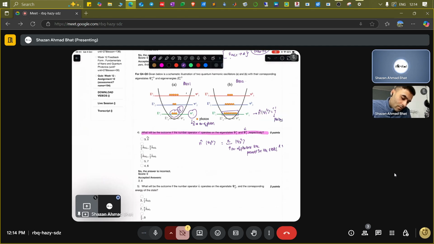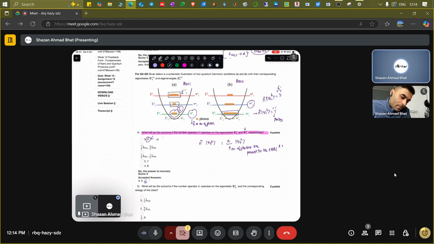And I don't know why this 5 is here. Either he has given the answer for if you operate the number operator on psi 2 of B, then you're going to get 5, which is the number of photons. Then it would make sense. Otherwise, this is not a correct answer. The answer should be 3 and 7, because each of the numbers of photons is shown here.